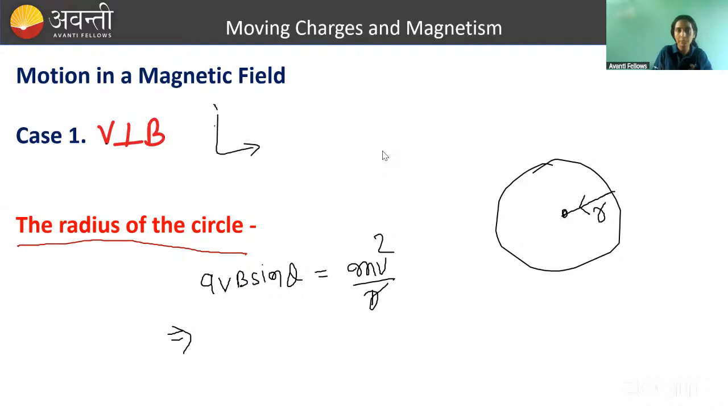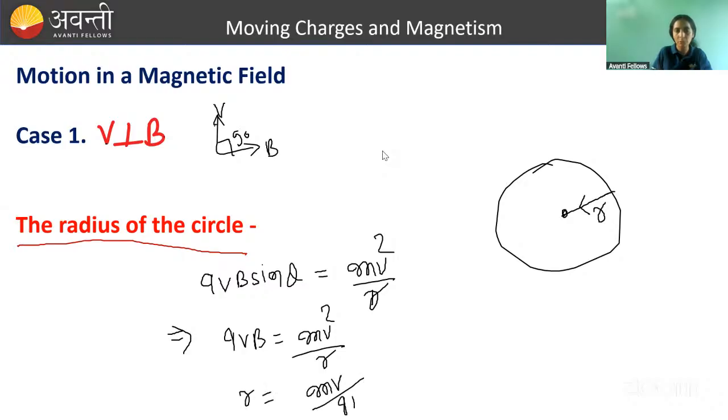So angle between v and b is 90. So this will become 1. QVB is equal to mv square by r. R will be equal to mv by qb. This is going to be the answer. Okay? So this is the radius. Everyone clear? If not, then let me know.